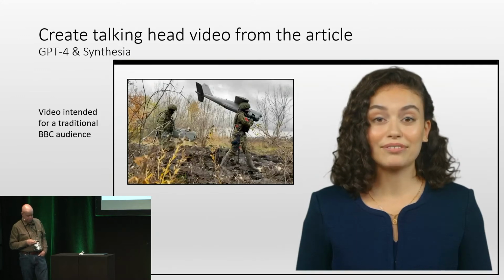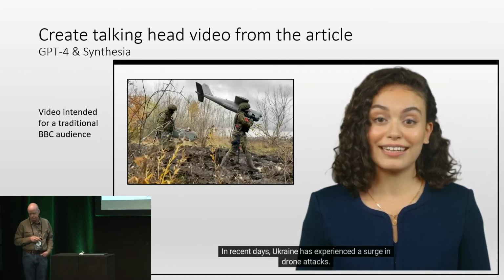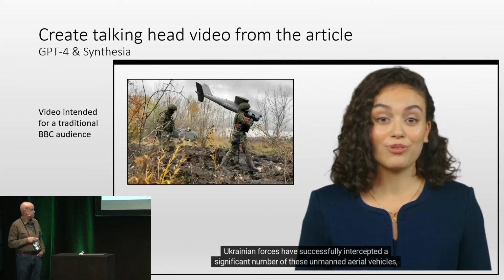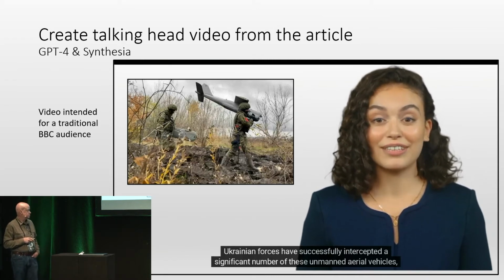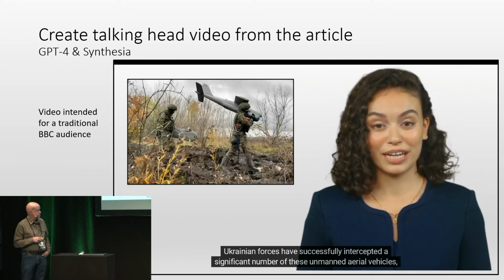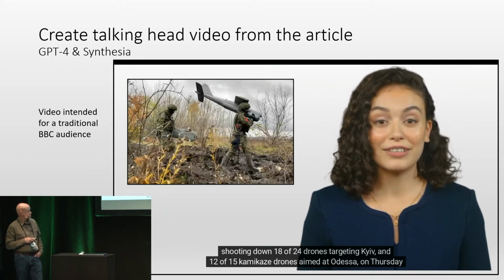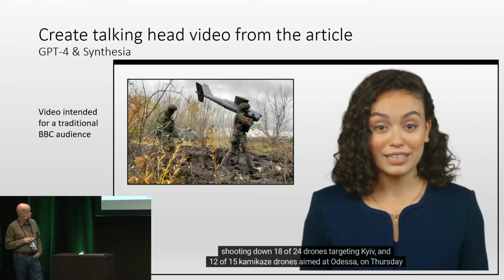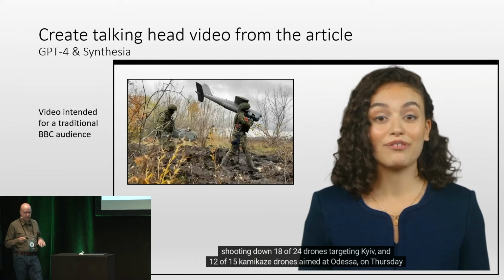In recent days, Ukraine has experienced a surge in drone attacks. Ukrainian forces have successfully intercepted a significant number of these unmanned aerial vehicles, shooting down 18 of 24 drones targeting Kiev and 12 of 15 kamikaze drones aimed at Odessa on Thursday night alone.